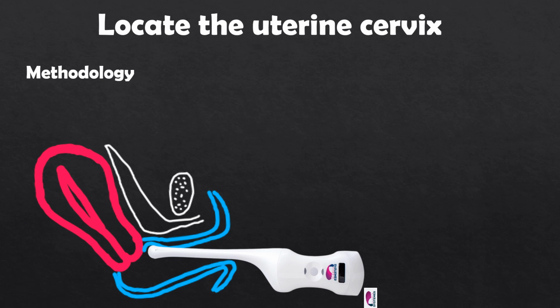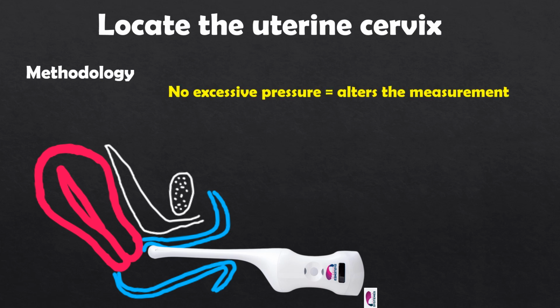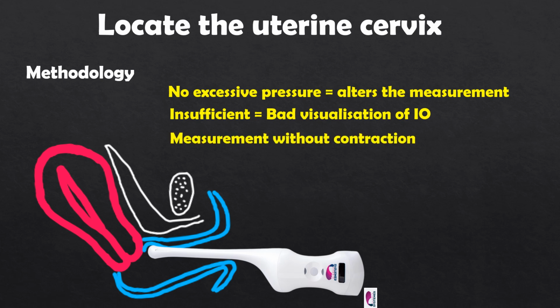The methodology is clear. There should be no excessive pressure in order to avoid lengthening of the cervix, nor insufficient pressure because we could have a bad visualization of the internal os. And finally, the measurement should be taken absolutely out of any contraction.